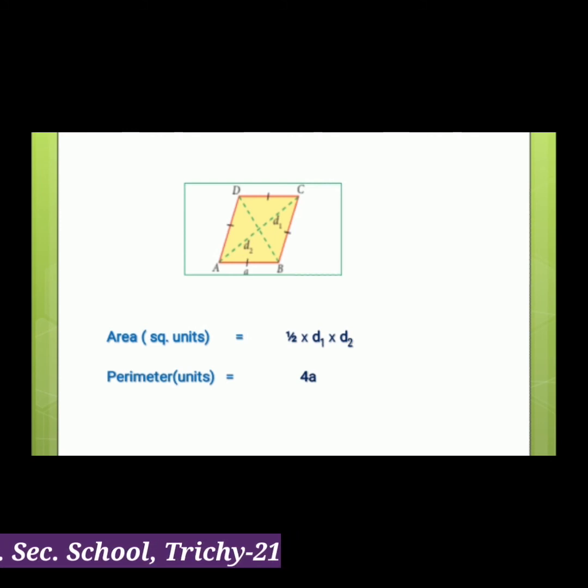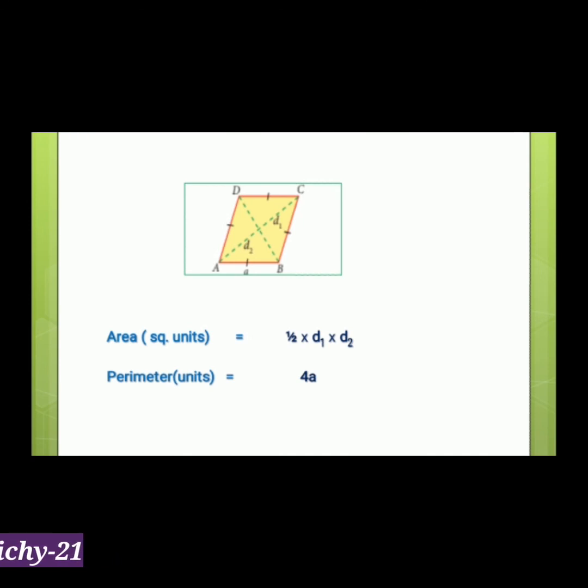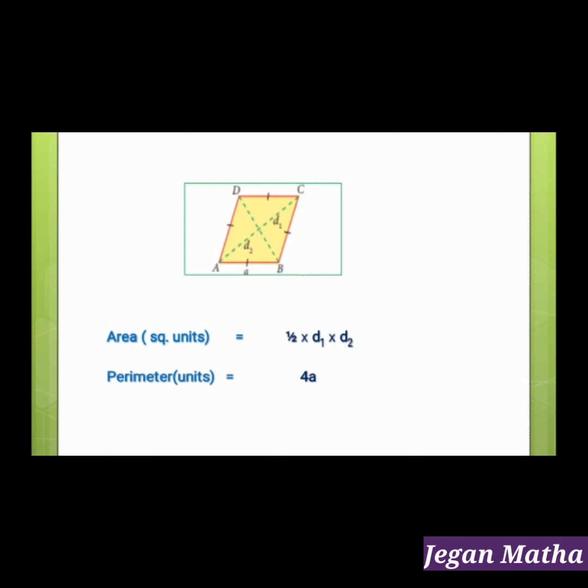Then the opposite angles are equal. Two of the angles are acute angles and two angles are obtuse angles in a rhombus. Then area of the rhombus is equal to 1 by 2 multiplied by diagonal 1 multiplied by diagonal 2 square units. Then perimeter is equal to 4 into 1 side units.